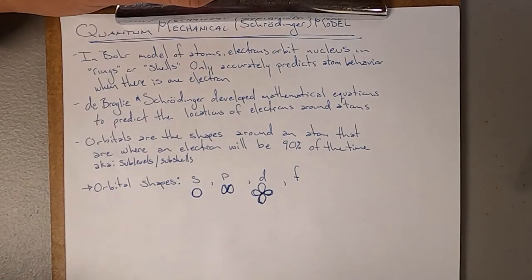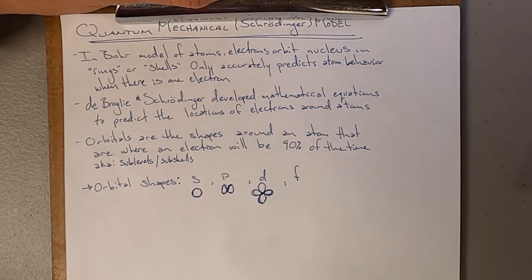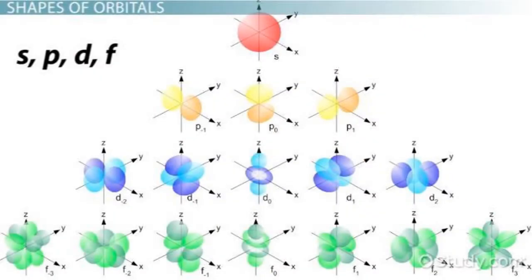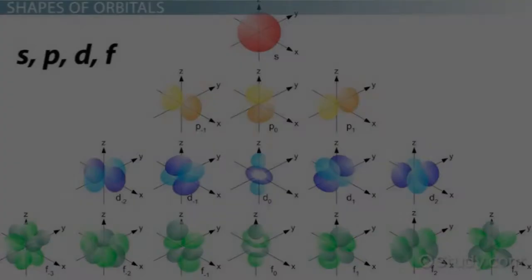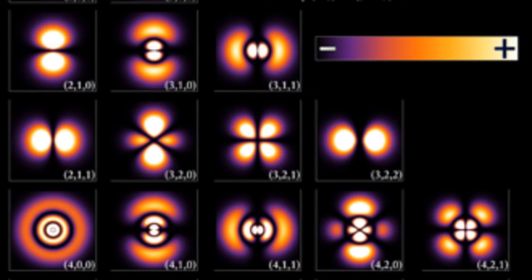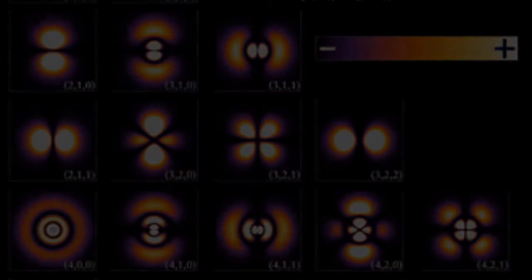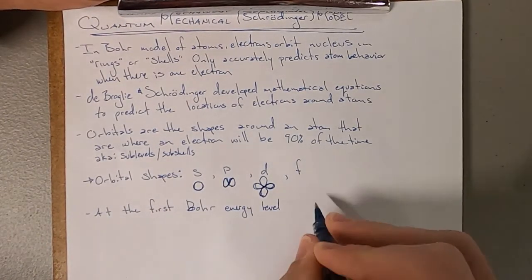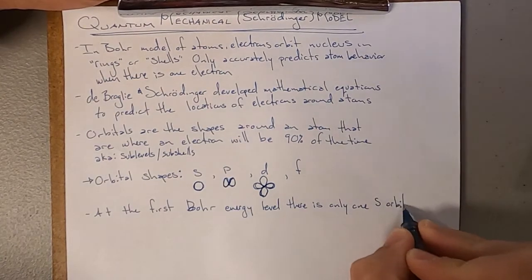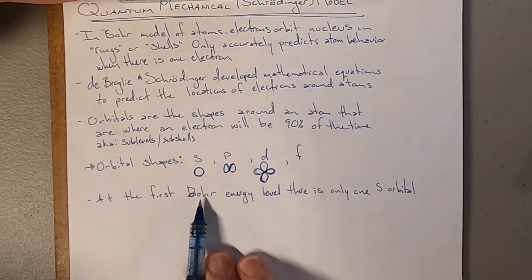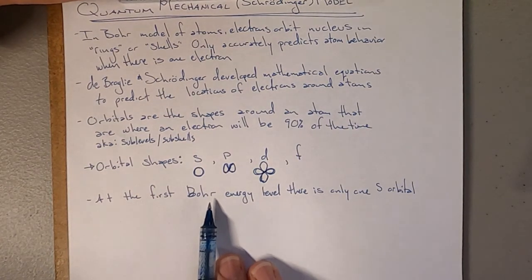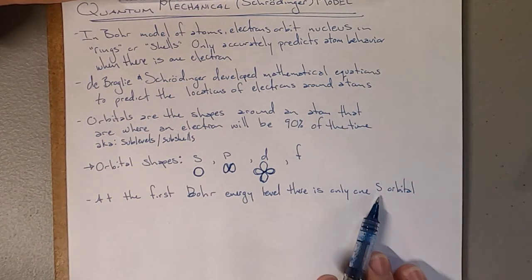I'm not going to try to draw the f orbitals, but I will now put in an image that will show all of these. Whereas Bohr said he had an energy level, at this still called principal energy level, there is only one s orbital.